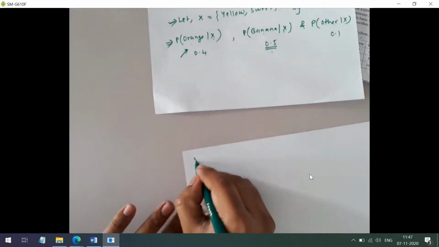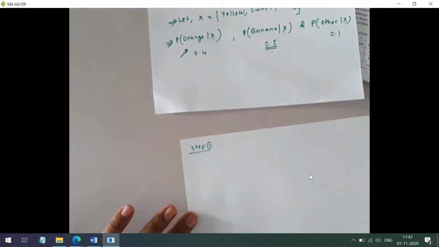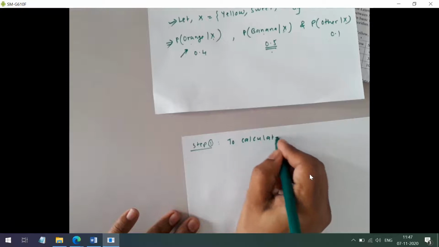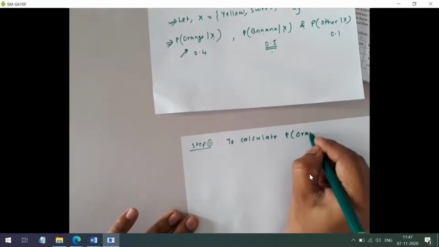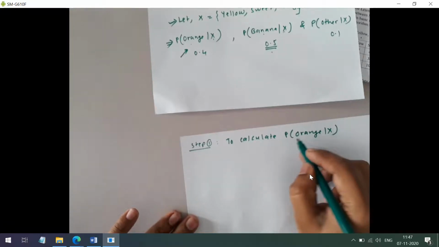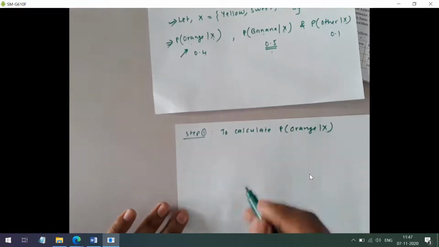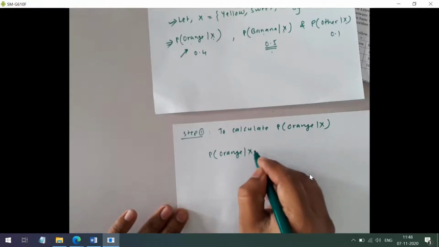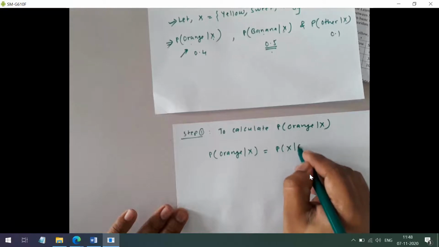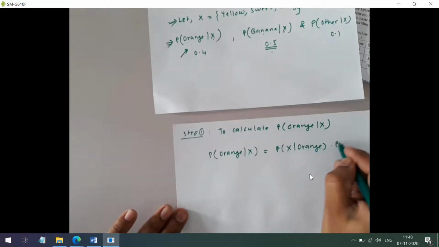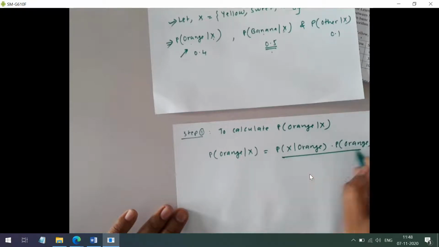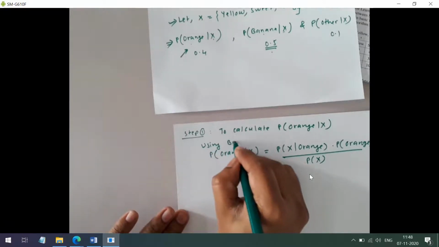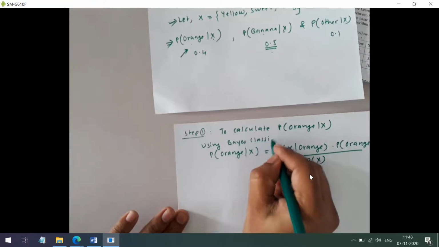Okay, so first step, to calculate P of probability of orange given X. Probability of orange given X equals probability of X into probability of orange divided by probability of X. Okay, this is using Bayes classifier.